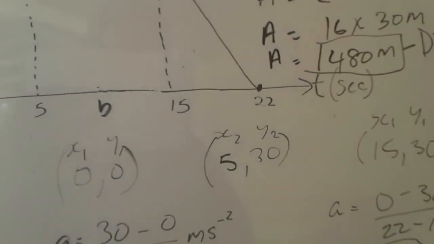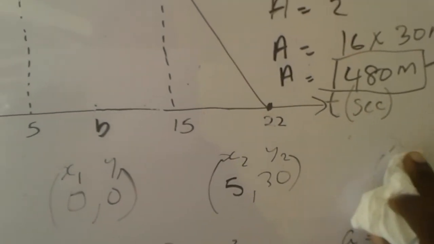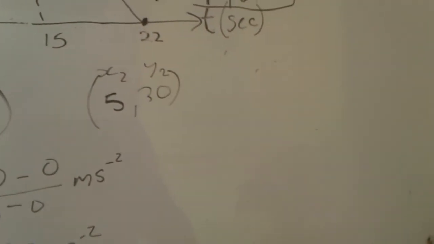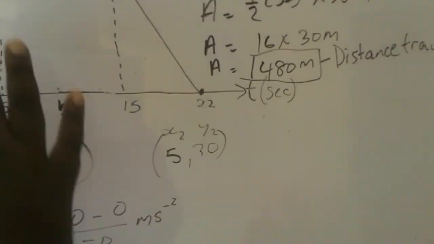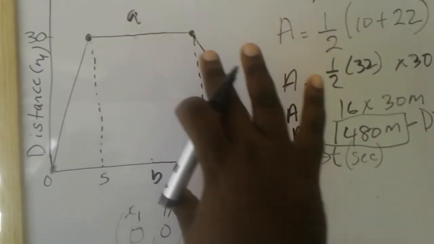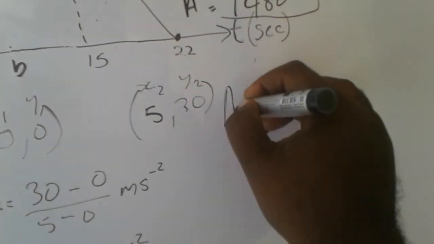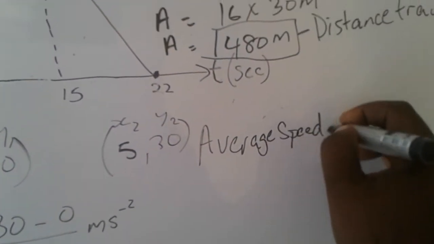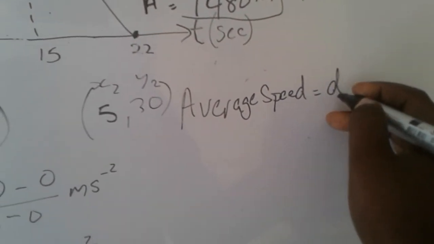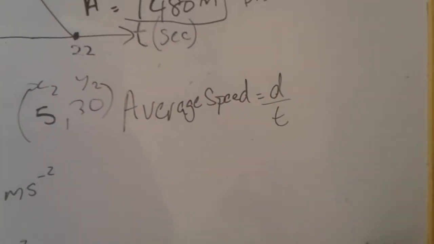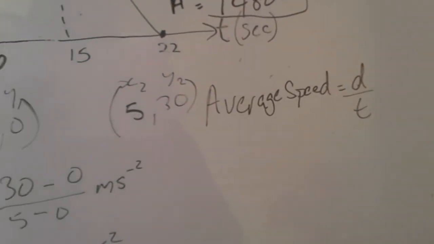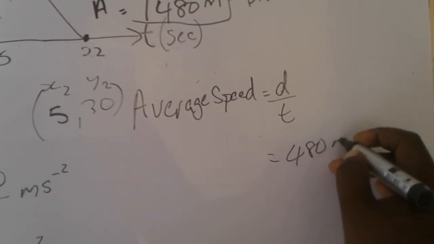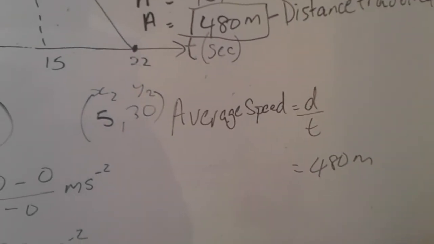Now the last part of this question asks us to find the average speed. What was the average speed throughout the entire journey? We know that average speed is equal to distance traveled over time taken. We know the distance, 480. What was the time?